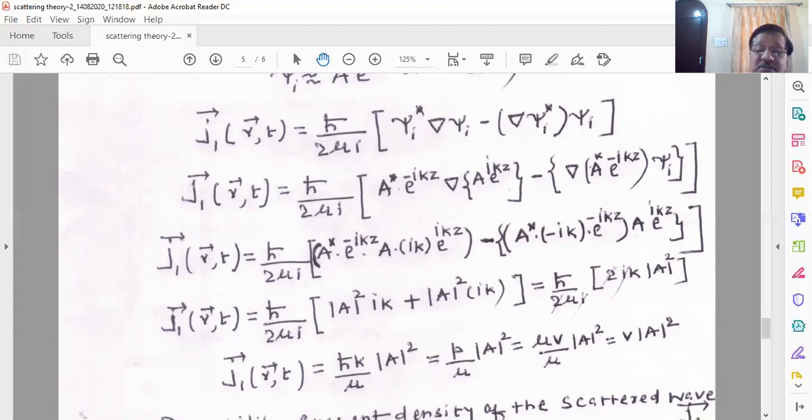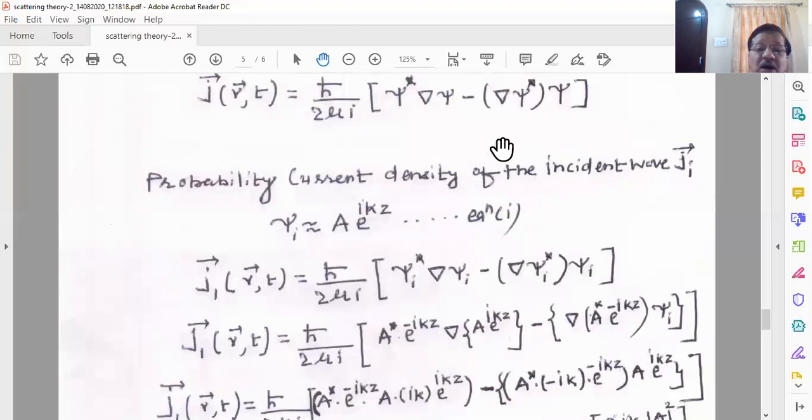This is the incident probability current density J_i, which I have already mentioned: the probability current density of the incident wave, where i stands for incident.